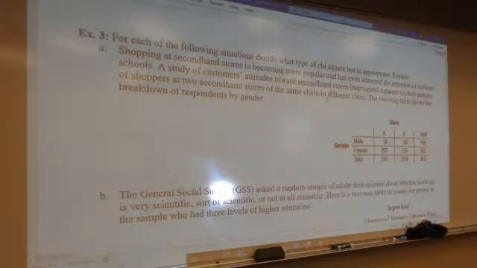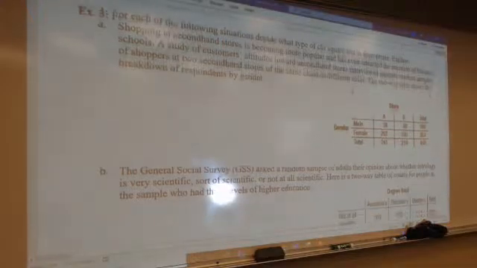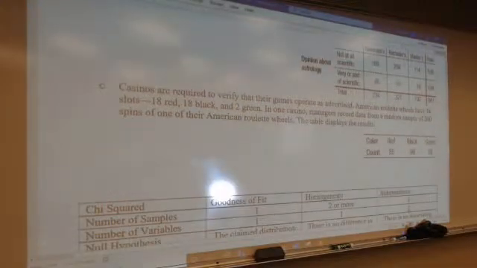The first one that catches my eye is C. C is a one-way table. There's only one variable, and we are comparing. Hopefully our roulette table is pumping out results that are consistent with what they should be.